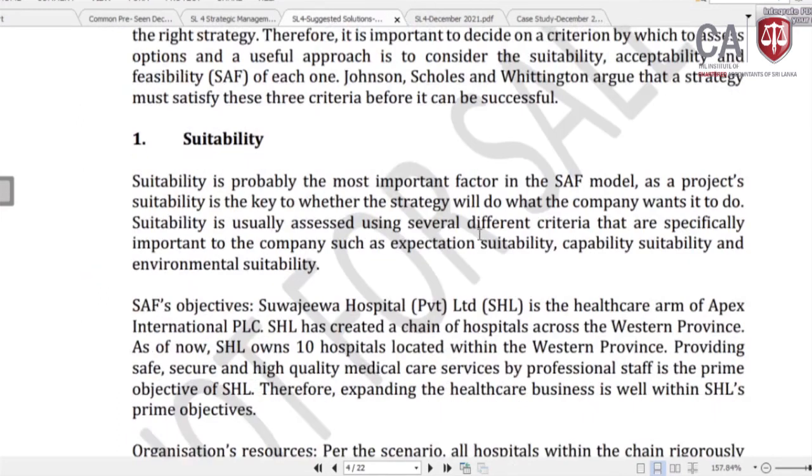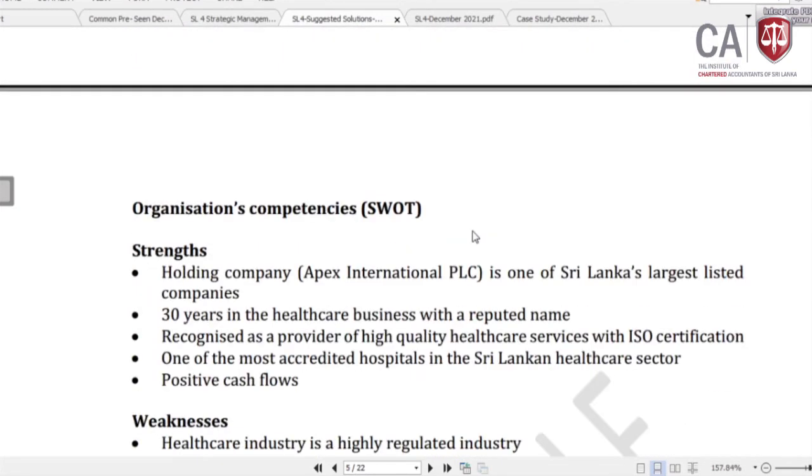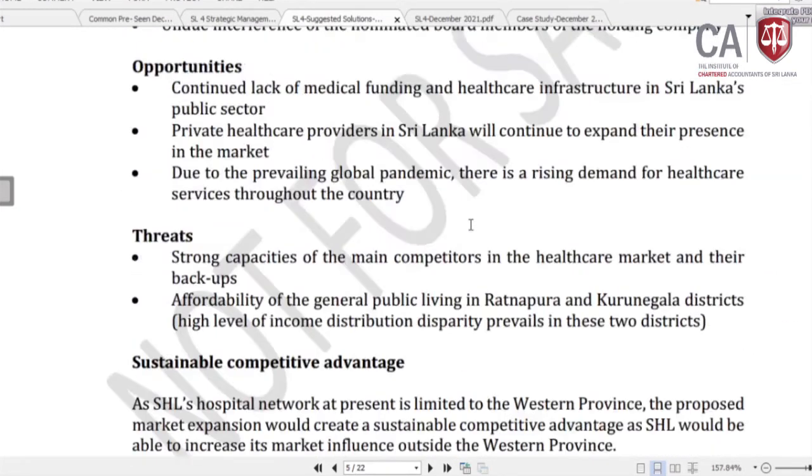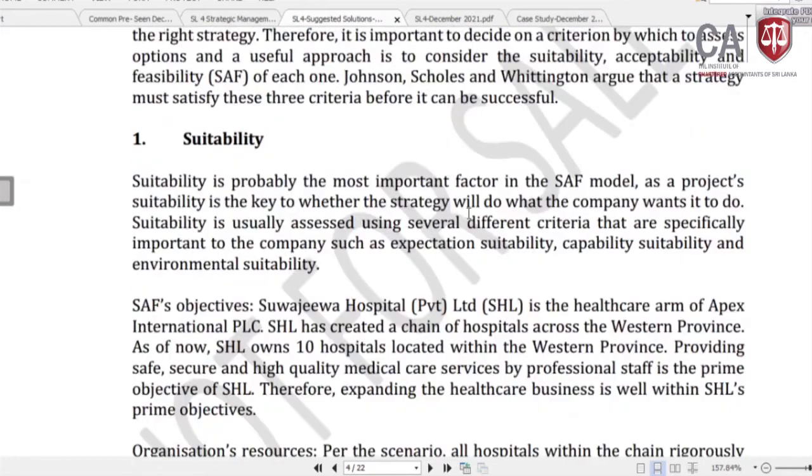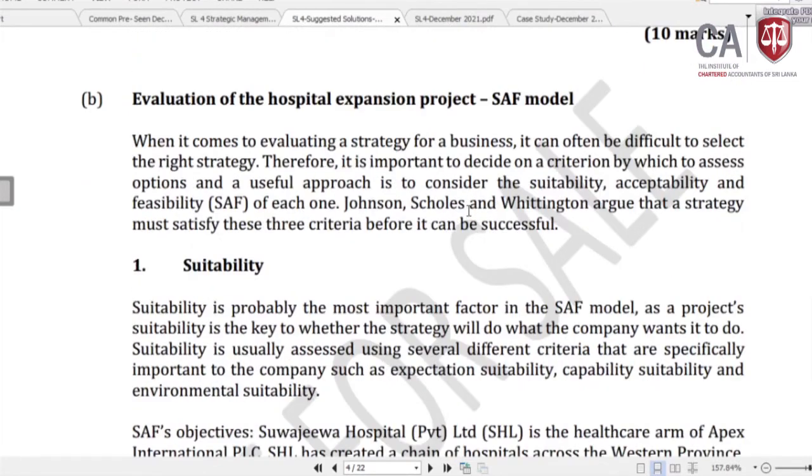Shall we look at what the examiner says on this? Look at the answer. Evaluation of the hospital expansion project, SAF model. When it comes to evaluating a strategy for a business, it can often be difficult to select the right strategy.